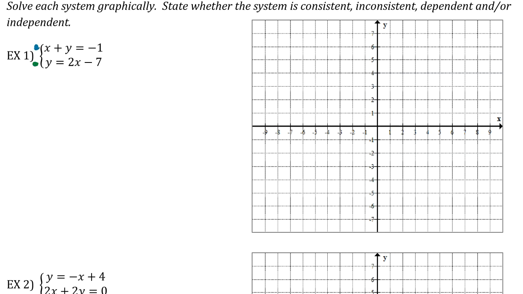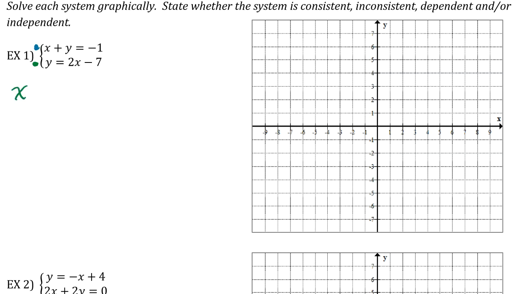So you can use y equals mx plus b, use the slope and intercept to graph it. You can use the x and y intercepts if that's easier for you. You can just plot a bunch of points that you know are on the line and draw the line through it. However you want to graph it is perfectly fine. For all of these examples, I'm pretty much going to be using y equals mx plus b. But again, do whatever's easiest for you to graph them.